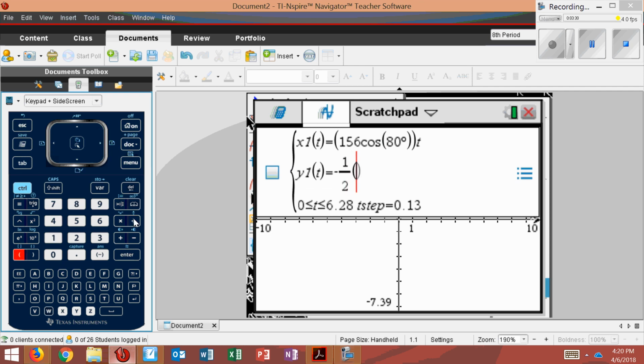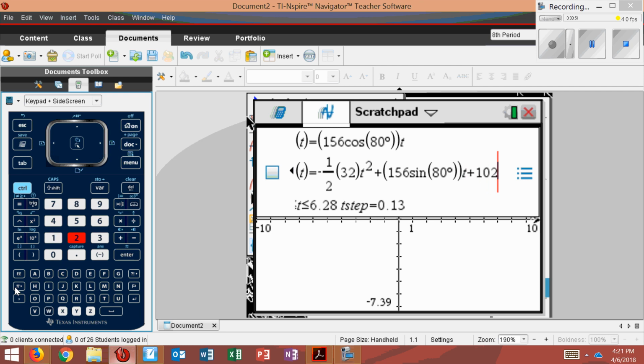And then instead of g, we are going to replace it with 32. And that's time squared. And then we add the 156 sine of 80. I'll put the degree symbol again, time, and then I'm going to add the initial height of 102.